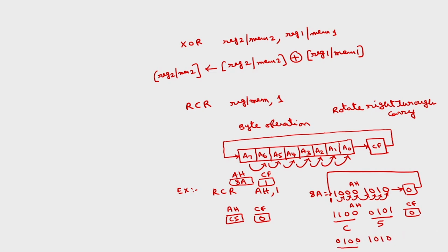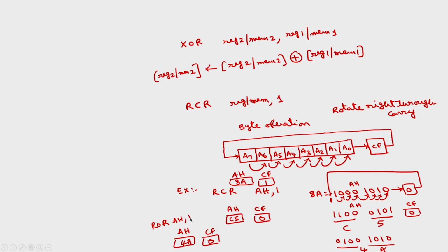So, this content becomes 4A. The contents of AH becomes 4A, and carry flag will be reset in both the cases, if this is ROR AH comma 1.